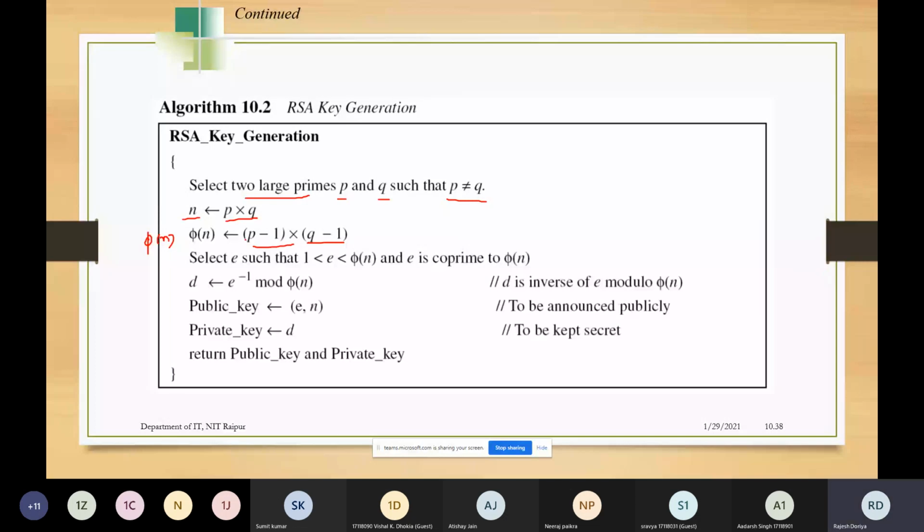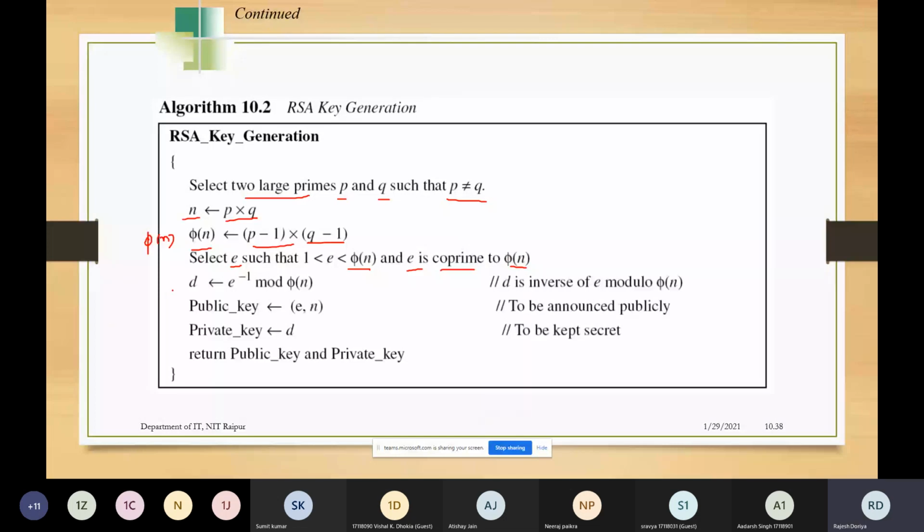After calculating phi n, we select E such that it is greater than 1 but less than phi n, and we have to make sure that E is co-prime to phi n. That means if you calculate the GCD of E and phi n, it has to be equal to 1.